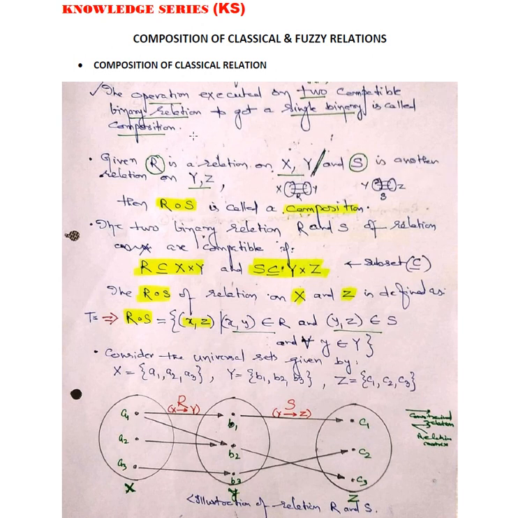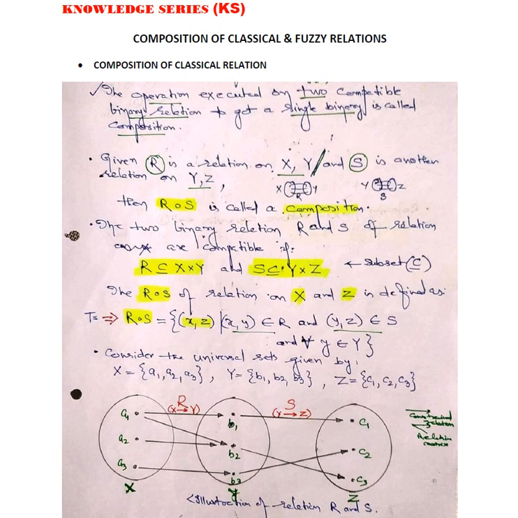So from the set you try to create a fuzzy relation. In the previous video series you have gone through this, and now we are going to discuss a collection of fuzzy relations and do an operation on them. That is what is termed composition.